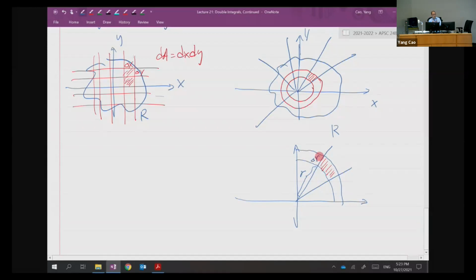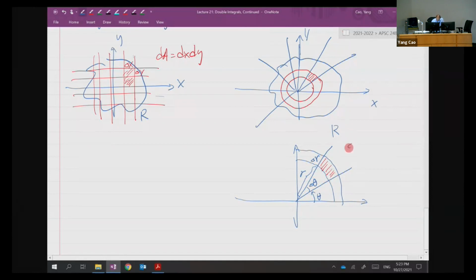So you increase r by a little bit, delta r. And from here to here is theta, and from here to here is delta theta. That's how you create this small patch.